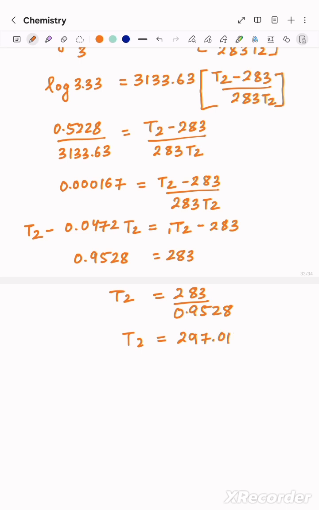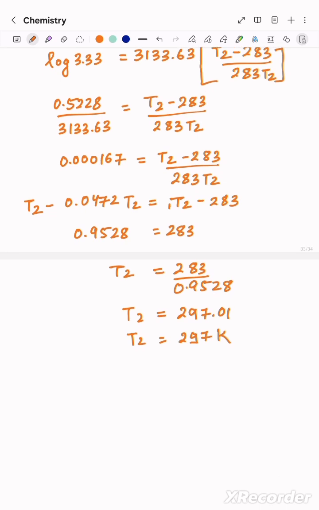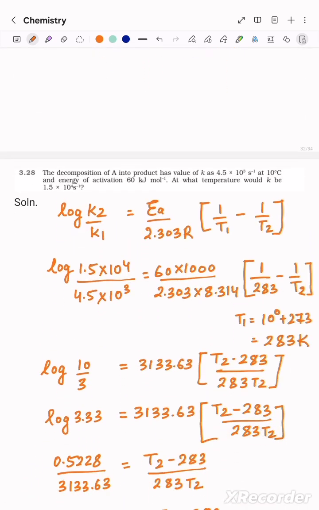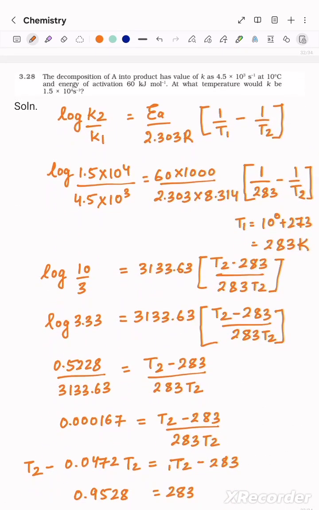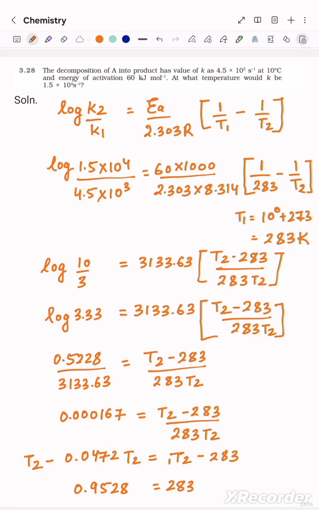T2 is equal to 297 Kelvin. So in the question you see that the temperature is given in degrees Celsius, so we should write the answer in degrees Celsius, just as the question said.